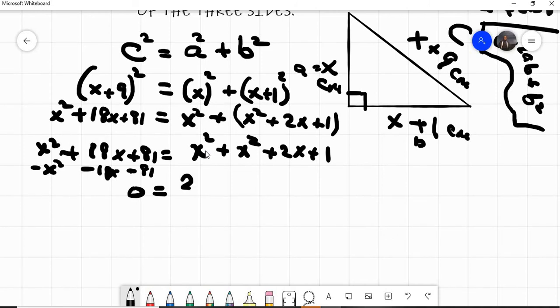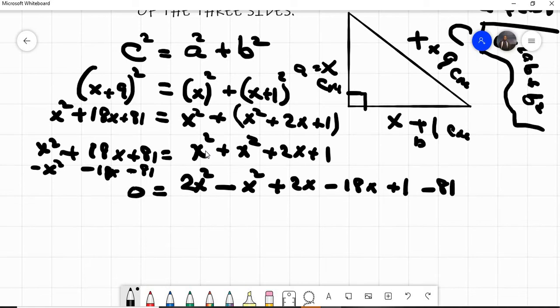Then we subtract x squared from the left, and then plus 2x we have, and we must subtract 18x, and then we have plus 1, then we must subtract negative 81. So that's what our equation looks like.